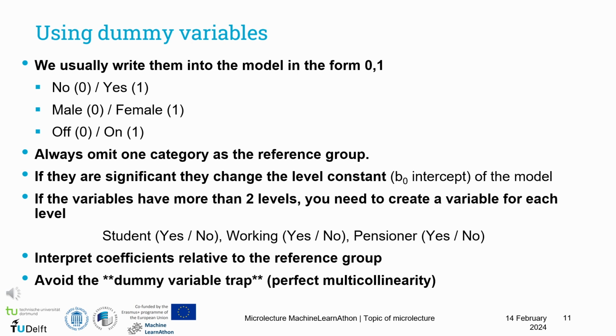For example, we can separately code categories like student, working, or pensioner. Coefficients are interpreted in relation to the reference group. It is important to avoid the dummy variable trap, which happens when all categories are included and perfect multicollinearity occurs.